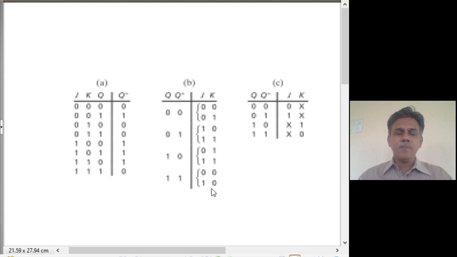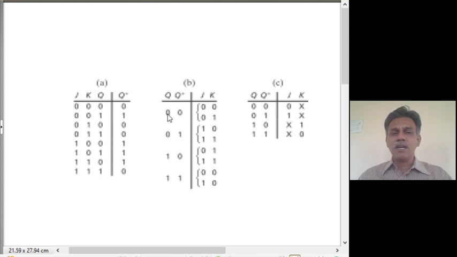So, which means that for this condition of the given state and the next desired state, this combination will lead that to happen. What it tells is j has to be 0, where k can be either 0 or 1, which means that k is don't care. You don't care what you give to k, as long as j is equal to 0.